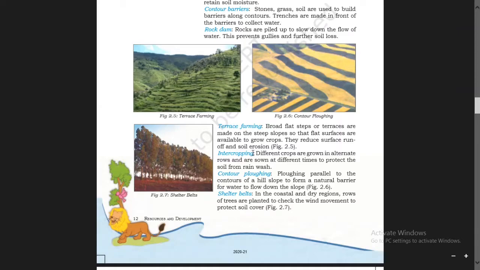Intercropping. Different crops are grown in alternate rows and are sown at different times to protect the soil from rainwash.